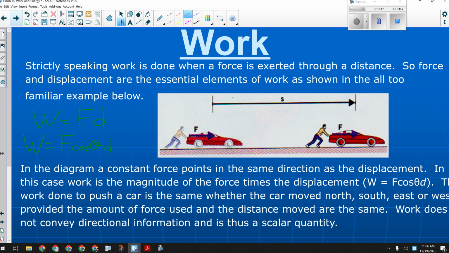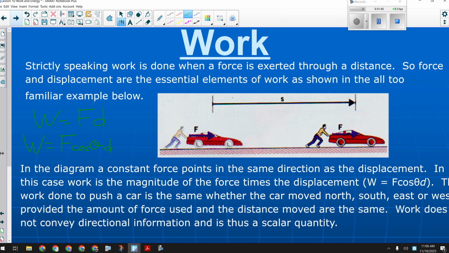You only need that if you're exerting a force in a direction different from the object's movement. So that could be if I am dragging the desk. If I lift the desk and drag it like this, the desk is moving horizontally, but I'm lifting it a little bit.